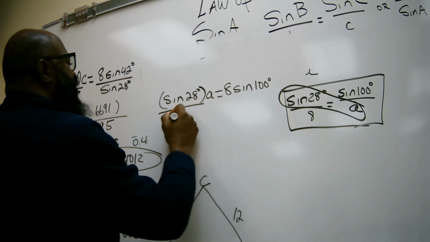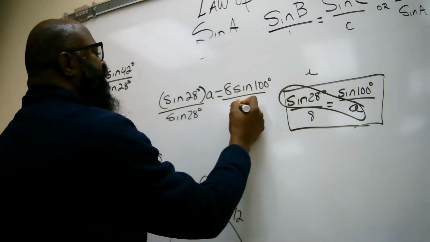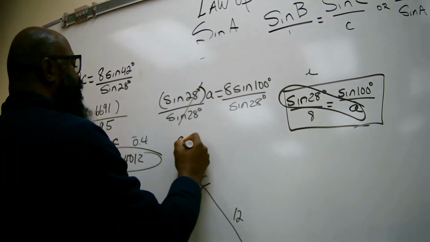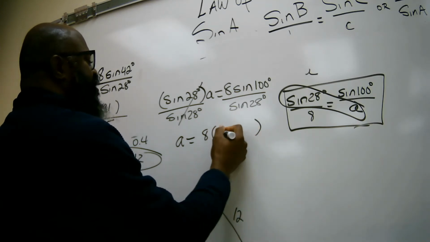But to find a, you will have to divide by sine of 28 on both sides. We already know what sine of 28 is. This is the good part. This cancels with that. Then you will have 8 times sine of 100.